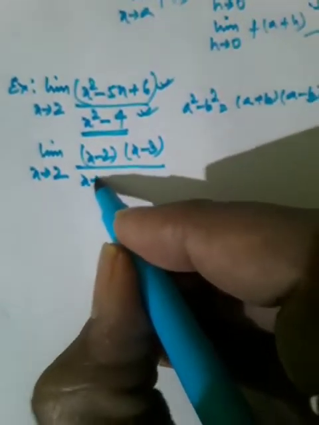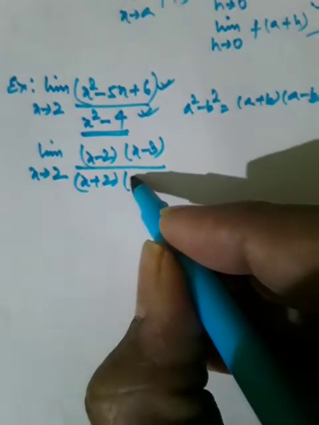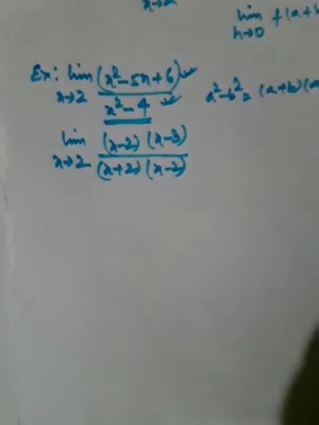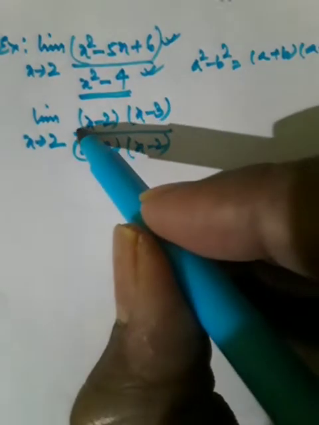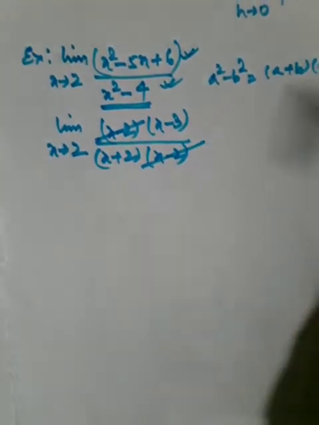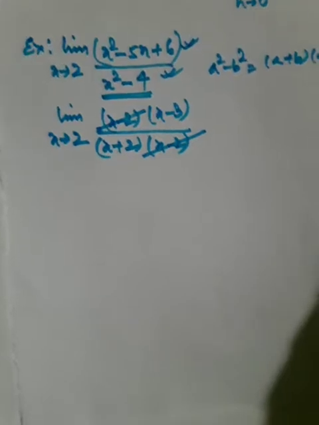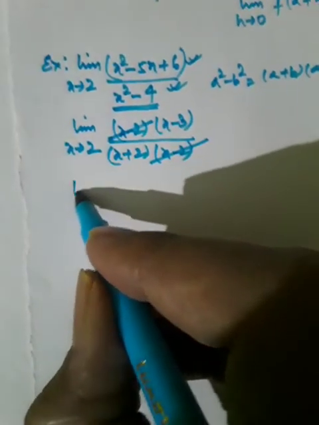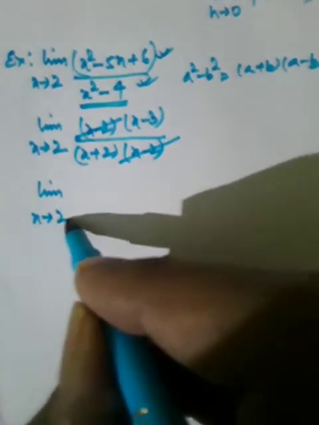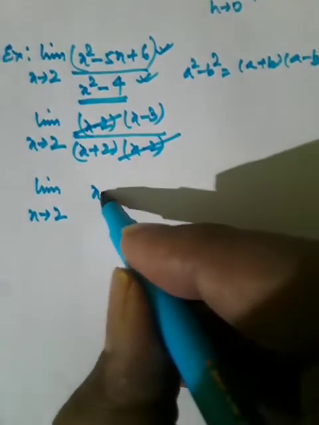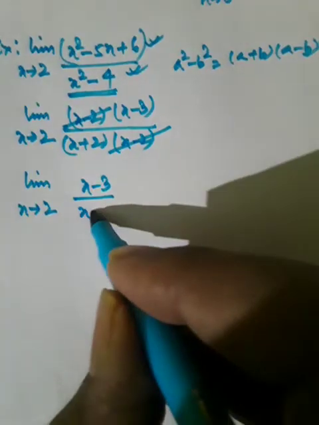So we can write (x plus 2) and (x minus 2). Now we can cancel x minus 2 and x minus 2. So it becomes limit x tends to 2, (x minus 3) by (x plus 2).